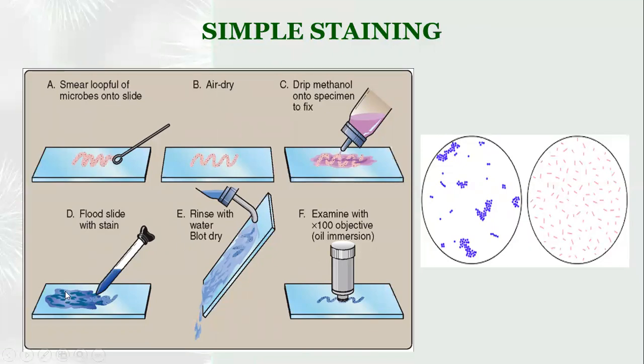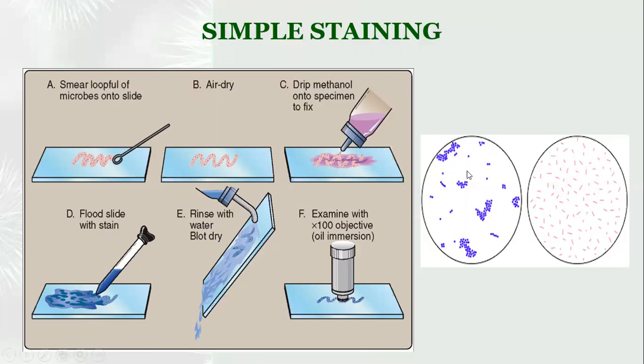After allowing it to stand for 1 minute, the stain will penetrate into the cell wall of the bacteria. Then rinse off the excess stain by washing with water, blot to dry, and observe under the microscope. When you observe under the microscope at 100x oil immersion objective, you will identify the shape and arrangement of the bacteria.